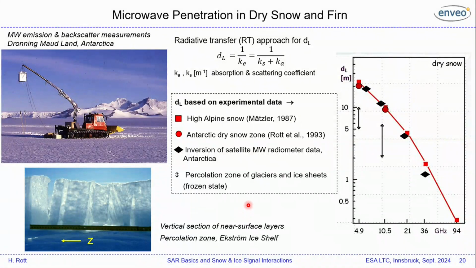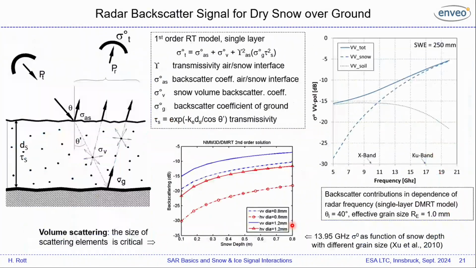Here we have much higher losses, also scattering losses and reflection, and these were data in this area at C-band, where we have a one-way penetration length of 5 to 10 meters, and at X-band, for example, from 2 meters to about 6 meters. So just to point out that this so-called penetration can be very variable, not just one parameter or one value.